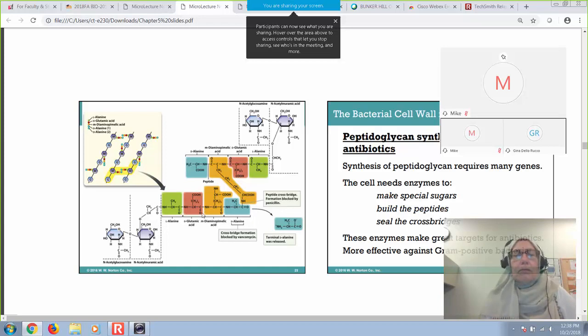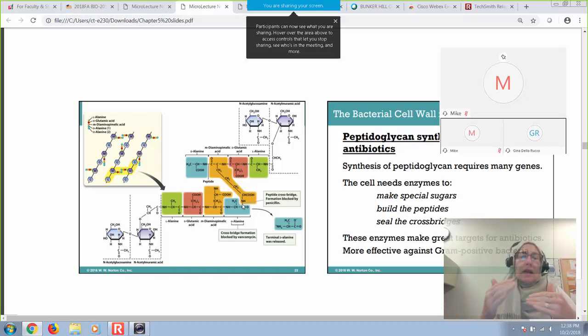Let's see what else. Here it mentions that the target of penicillin actually prevents the formation of the covalent bond, and that's why it works at curing gram-positive infection, because penicillin really only works when a cell is growing and dividing and making new cell wall.